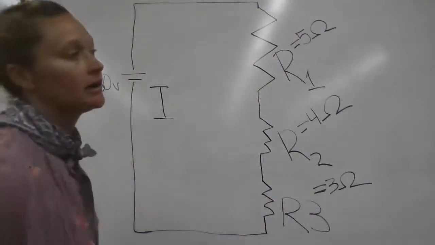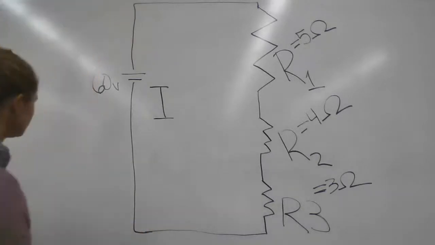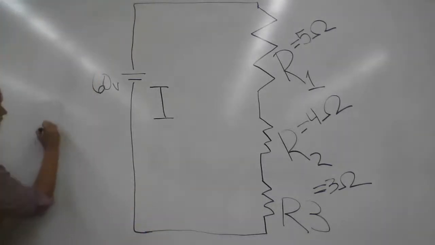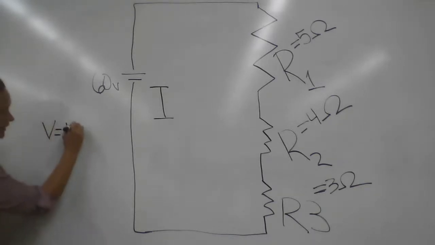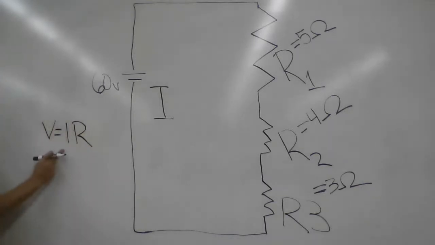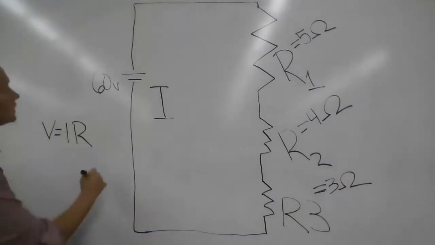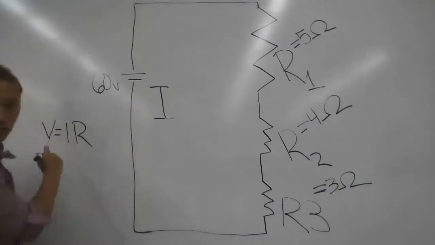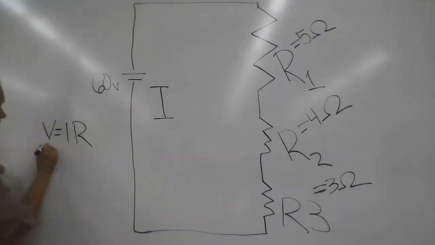Okay, so if we take Ohm's law, which is, what's Ohm's law again? It's going to be V equals IR, right? Our voltage equals our current times our resistance. So we have our V. Our V is 60.